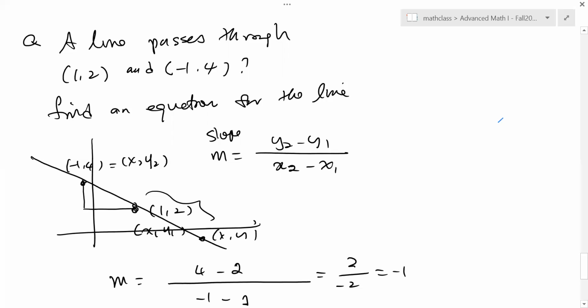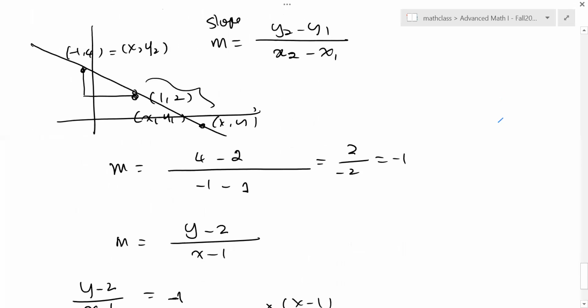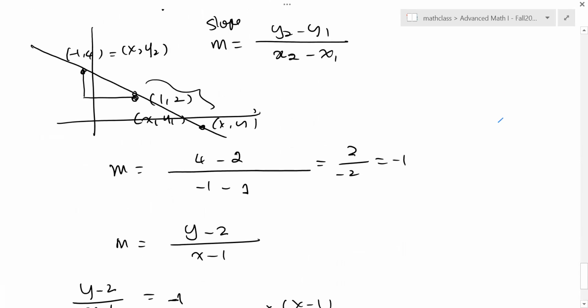Then I find the slope using this arbitrary point on the line, and I get y minus 2 over x minus 1. That ratio should be the slope. The slope we already know is -1. Then you get a relation between y and x. Great, so we got the equation.